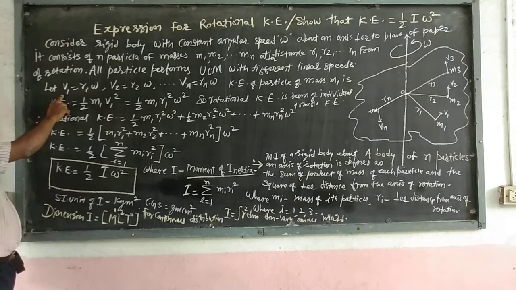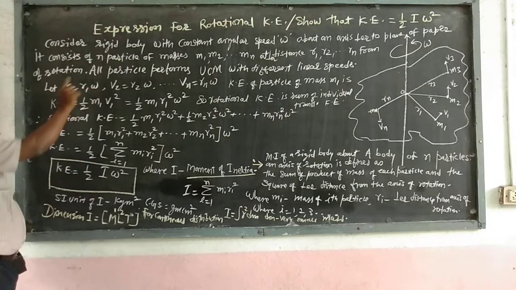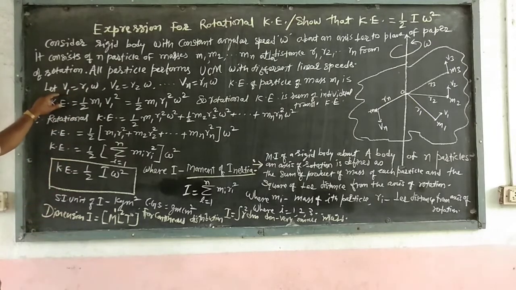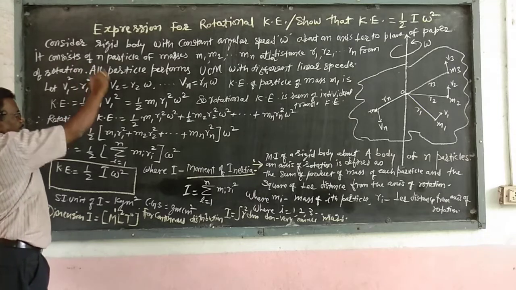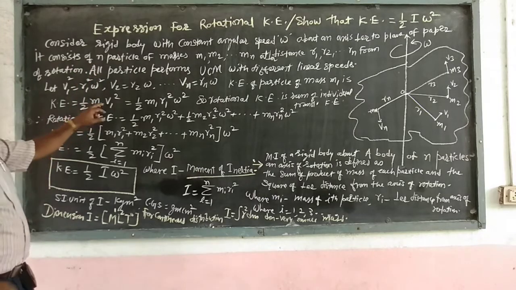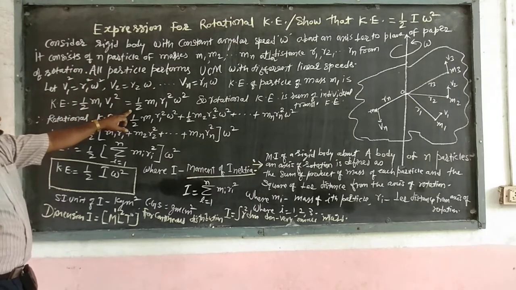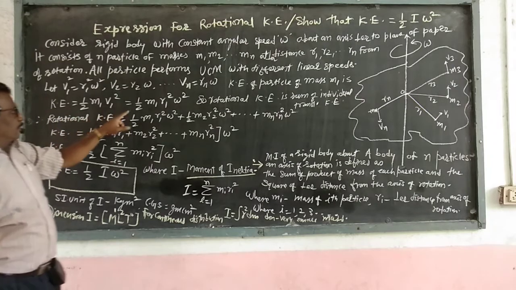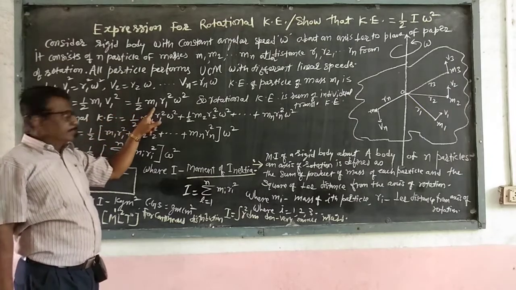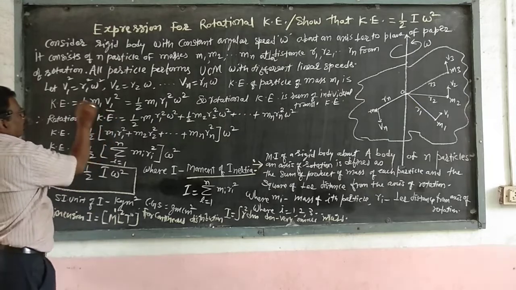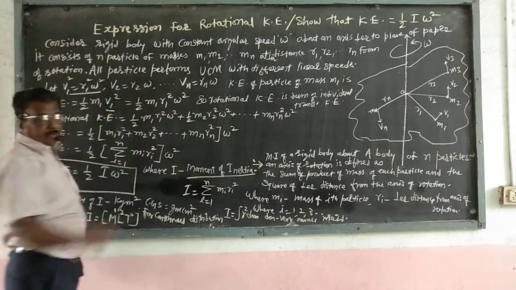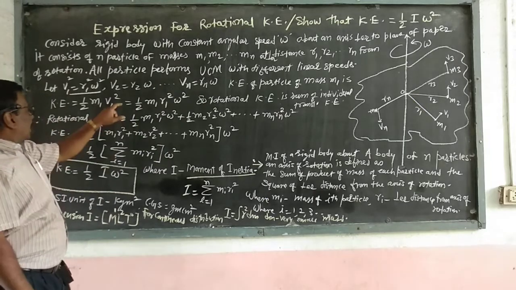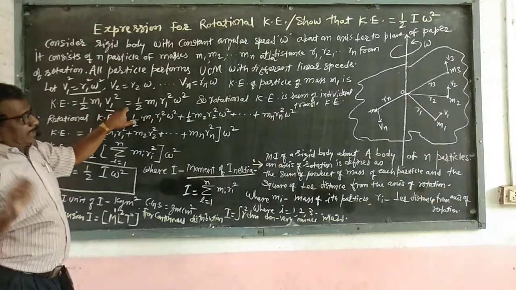We know that v1 equal to r1 omega. When we square it, we get v1 square equal to r1 square omega square. Substituting this value, we get kinetic energy equal to 1/2 m1 r1 square omega square. That is the kinetic energy of the first particle.